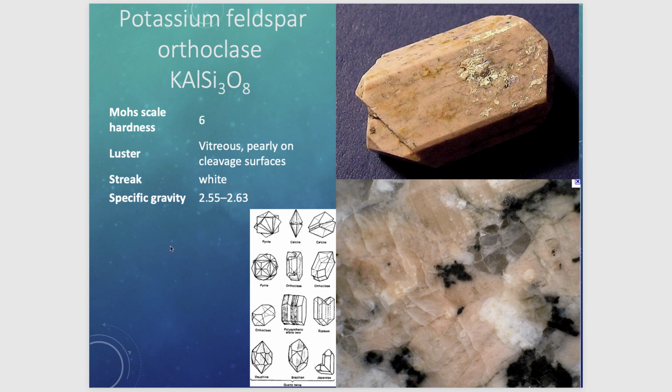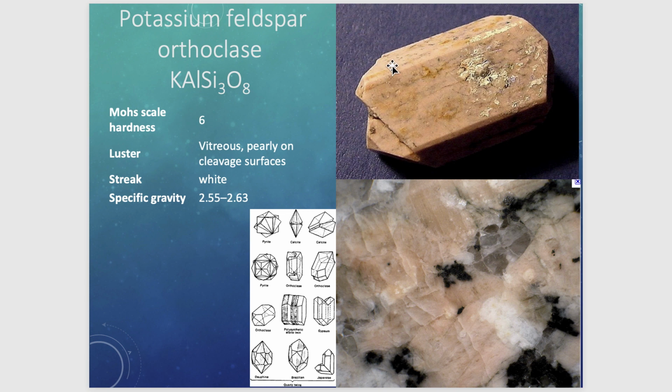And yeah, pretty much very similar hardness to the plagioclase, and I guess the specific gravity is also very similar, and it has the same streak. So the only difference, I think, is with respect to the luster, which is slightly more milky and often vitreous, but it's not really very translucent.